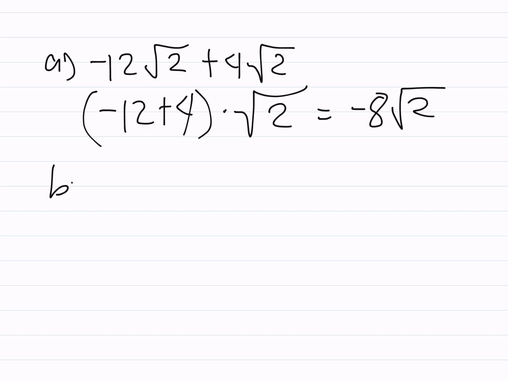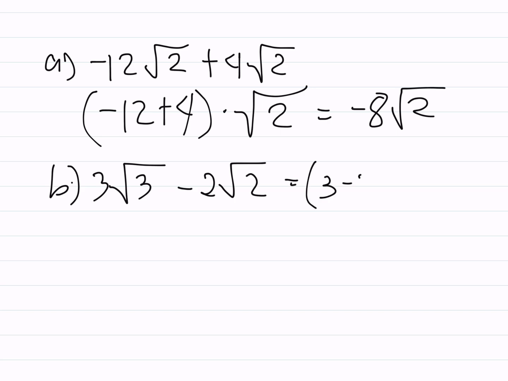Next, another example: 3 square root of 2 minus 2 square root of 2 is equal to 3 minus 2 times our radical, which is the square root of 2.